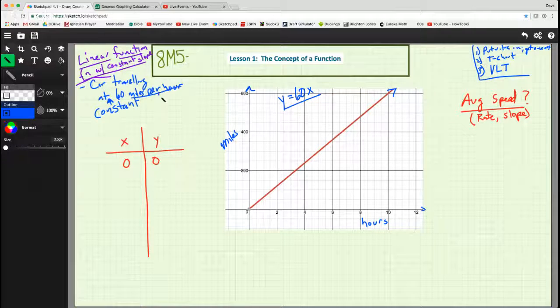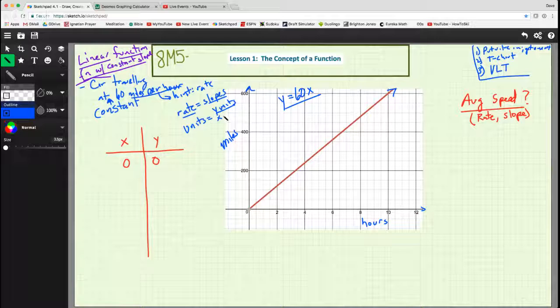This is our hint that this is a rate. And remember that rates can equal slopes. And the units are our y units over our x units, right? So our y units is miles per hour, and miles per hour is our rate. So that means that our slope should be 60.